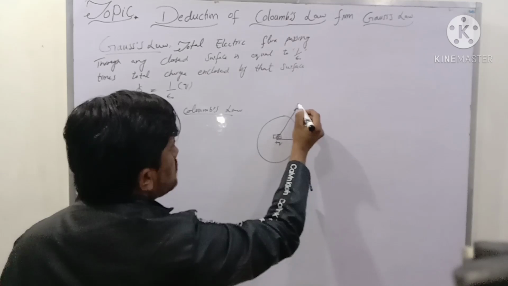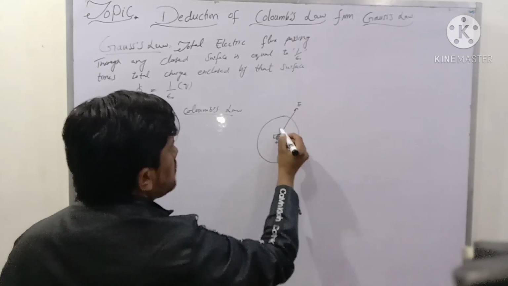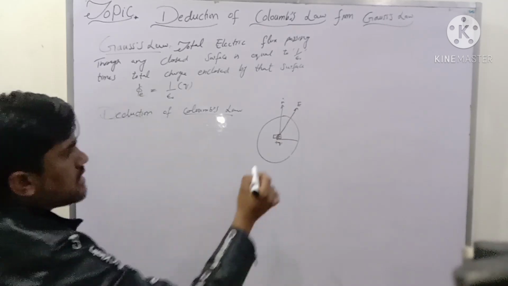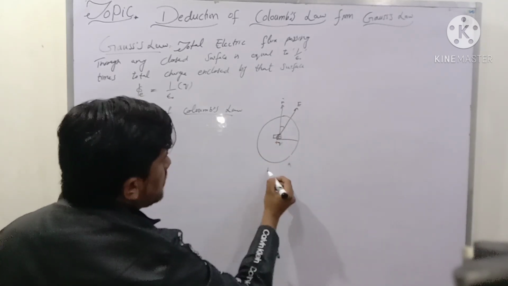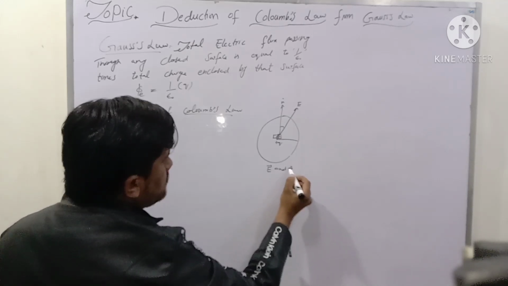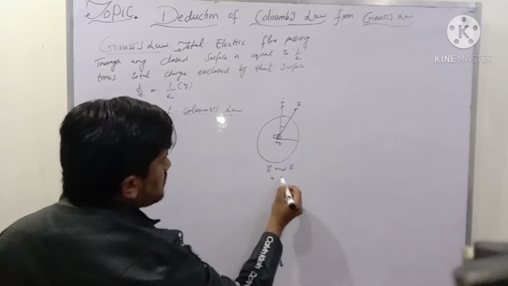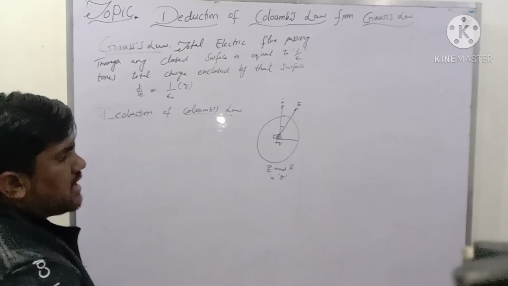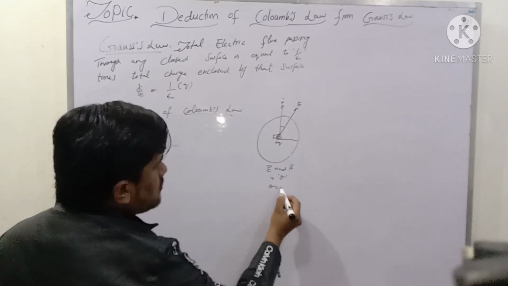Electric field lines go outward along the normal. The angle between electric field E and area vector A is theta. These are parallel, so theta will be 0.